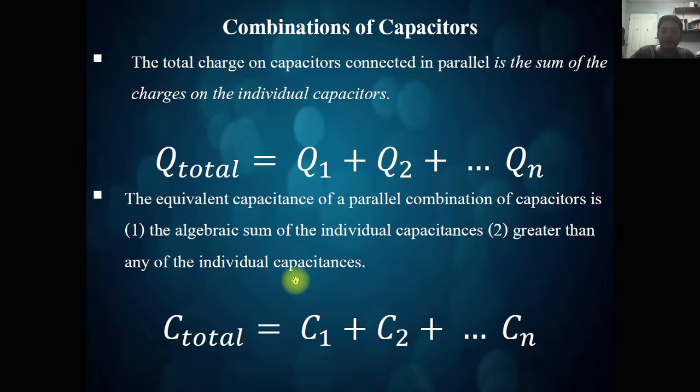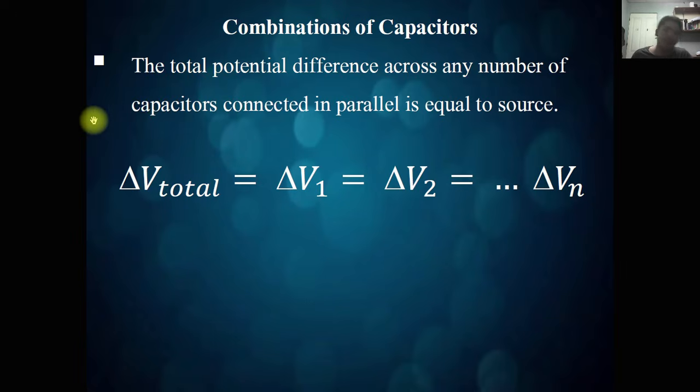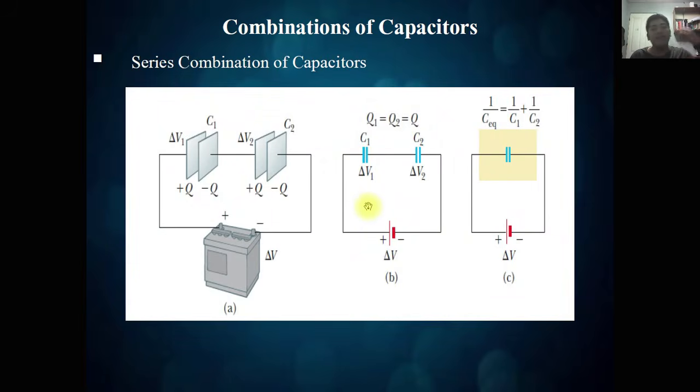Okay? And of course, the potential difference across capacitors connected in parallel is equal to our voltage source. That's what I was telling you a while ago. If we have a parallel combination of capacitors, of course, we also have a series combination of capacitors.